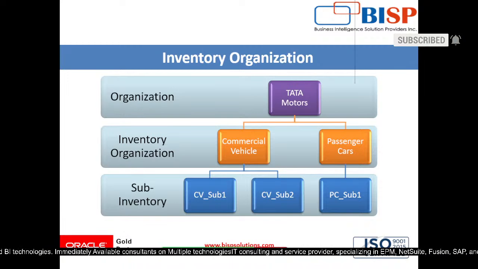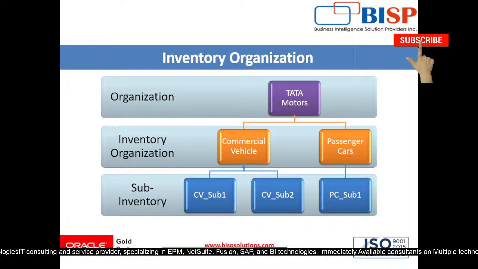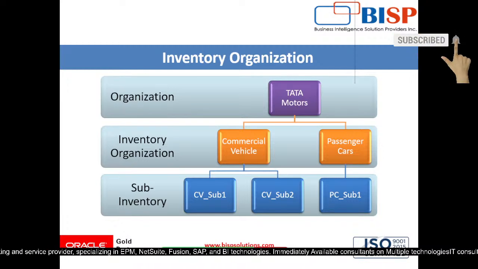So Oracle gives a splendid feature, the item master, so that you can save the item related information in our item master organization, and you can fetch the item details in different inventory organizations, right?